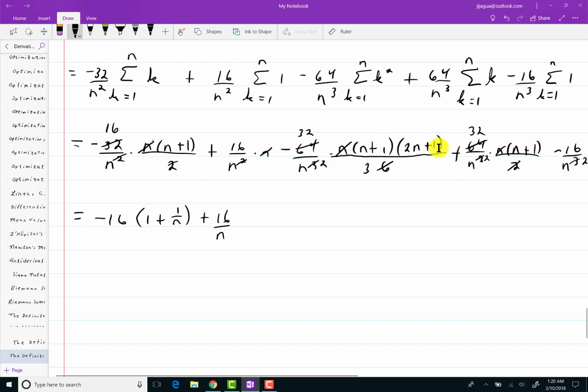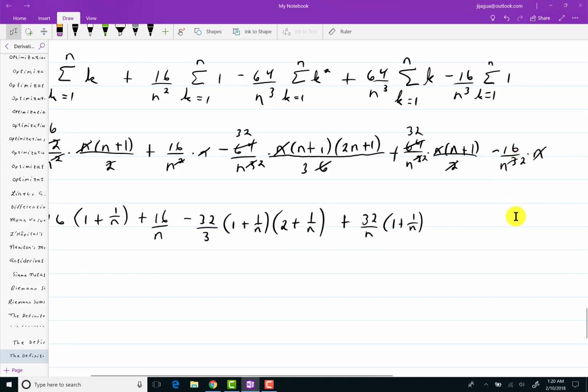So I end up with negative 32 over 3 times 1 plus 1 over n times 2 plus 1 over n. And then I have plus 32, well this n I can bring underneath the n plus 1, but I still have a 32 over n times 1 plus 1 over n. And then finally I have negative 16 over n squared.